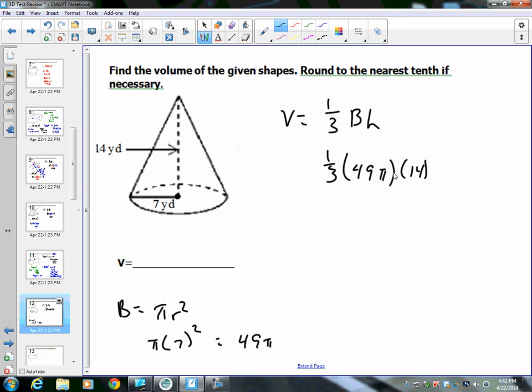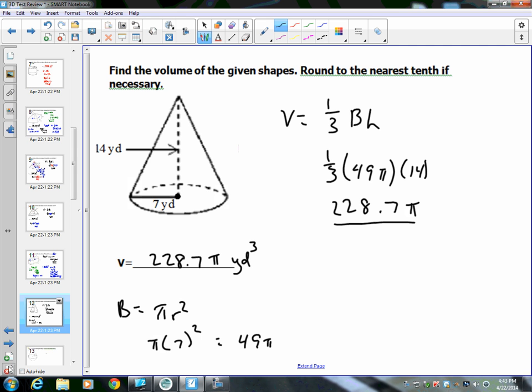Now we can multiply all these numbers together, so we get 49 times 14 times 1/3, and we get 228.6666667, so we're going to round to 228.7, then we carry along our pi. This would be our volume, 228.7 pi. Our units is yards. Volume means cubed.